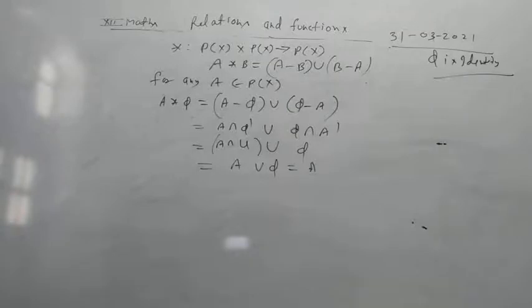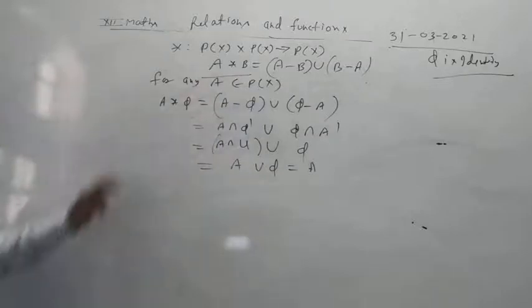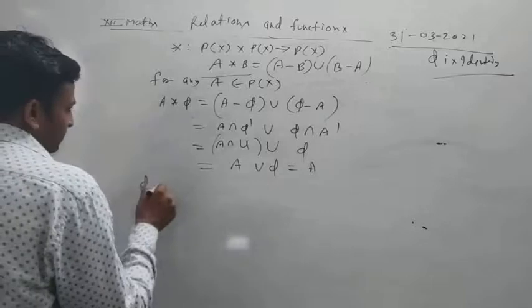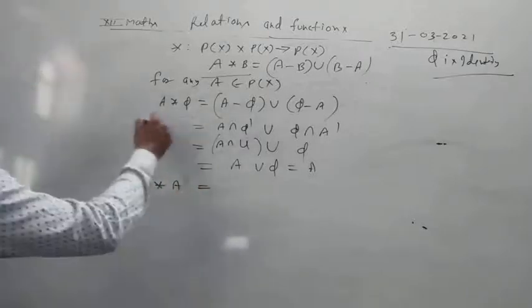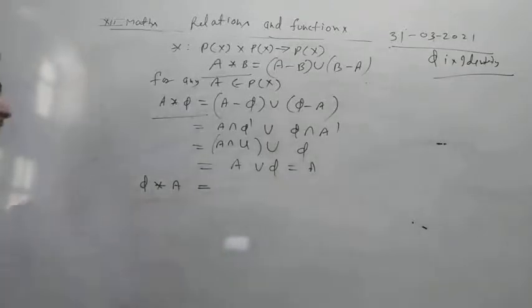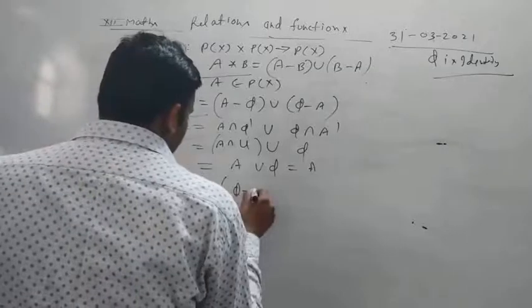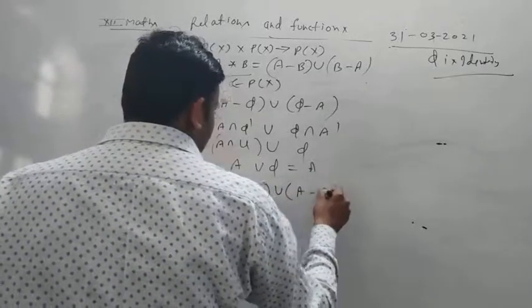Now, students, we write, this was A star phi. Now we are taking phi star A. So we write phi minus A union A minus phi.